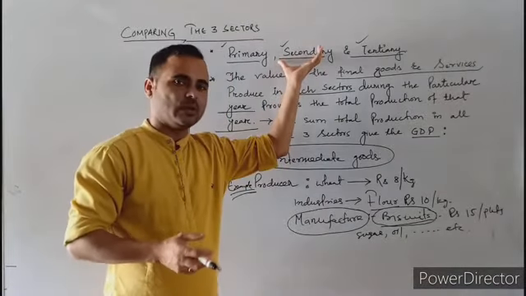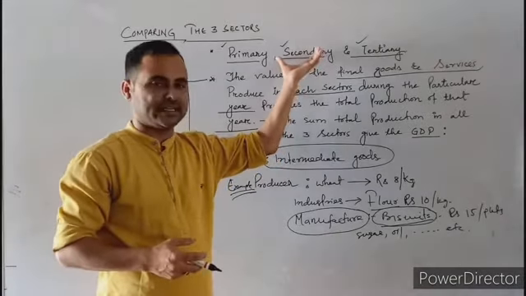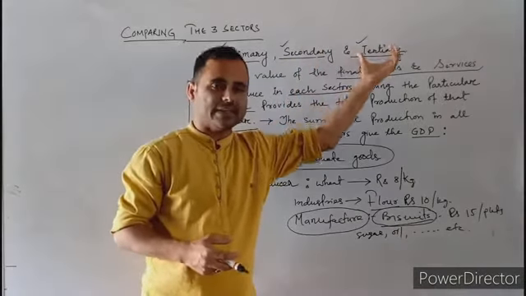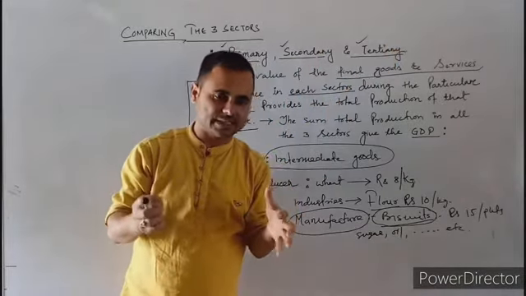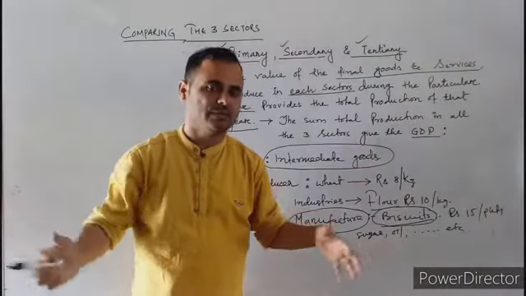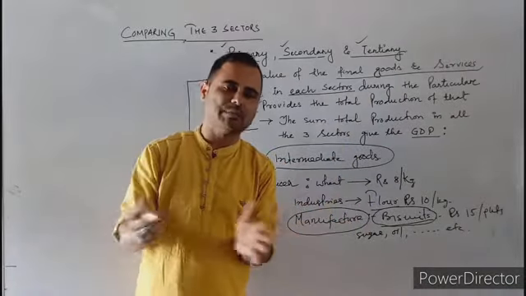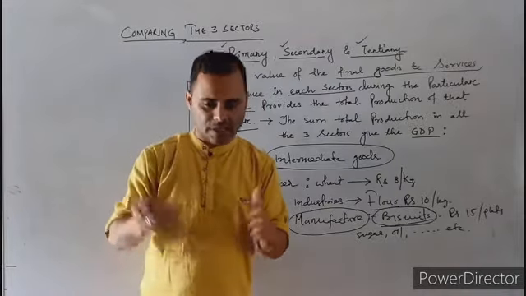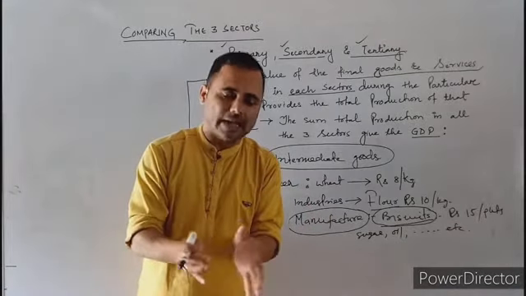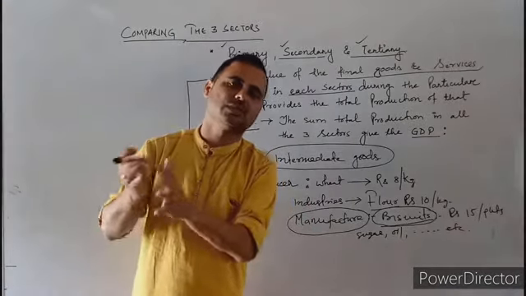In the same way, when it is calculated in the secondary sector, and in the same way in the tertiary sector, and all these calculations from the different sectors, when clubbed together and totaled, that is called what? GDP.